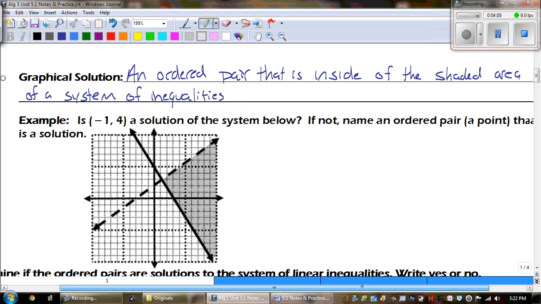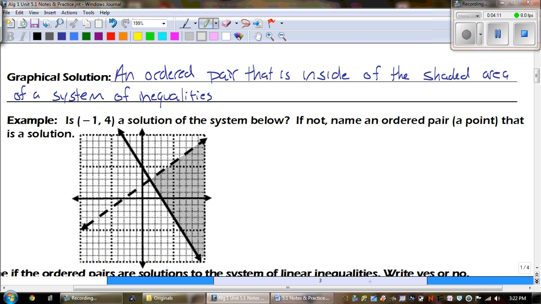Now, a graphical solution is an ordered pair that is inside of the shaded area of a system of inequalities. Once again, if you need more time to write that, just pause the video. So our example: is (-1, 4) a solution of the system below?